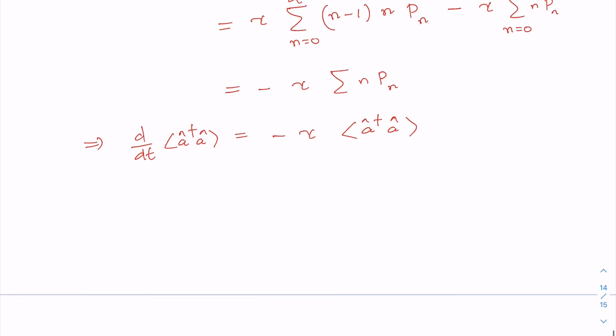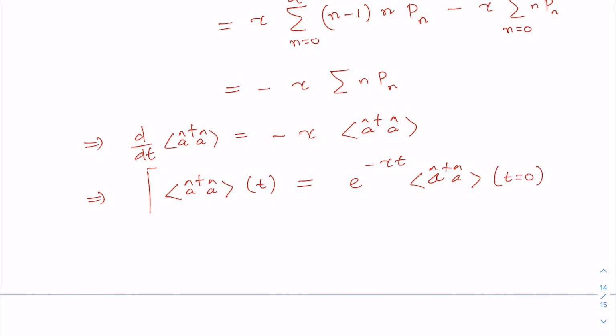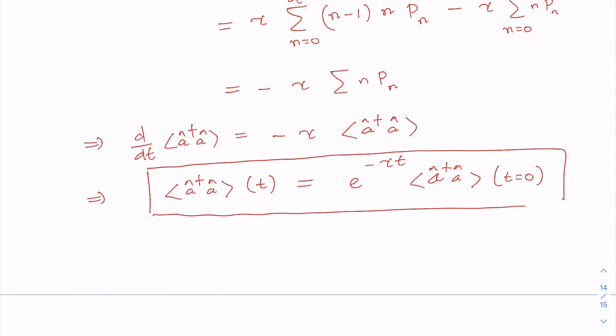So we can easily write down the solution: the average number of photons at any arbitrary time t is equal to e to the power minus gamma t times a dagger a at time t equal to 0. So the average number of photons decays with time exponentially at the rate gamma.